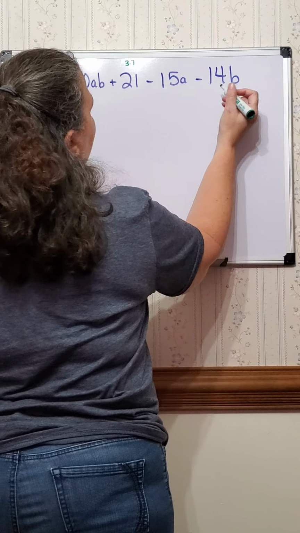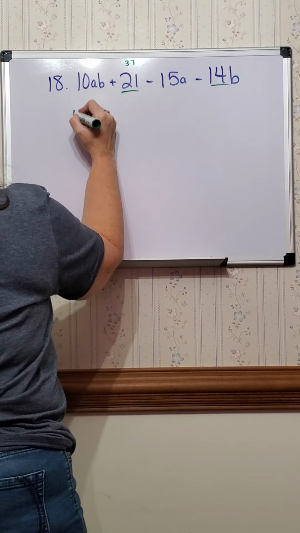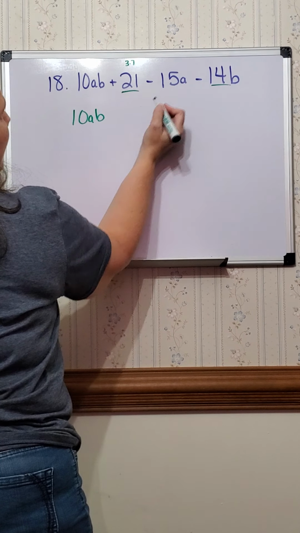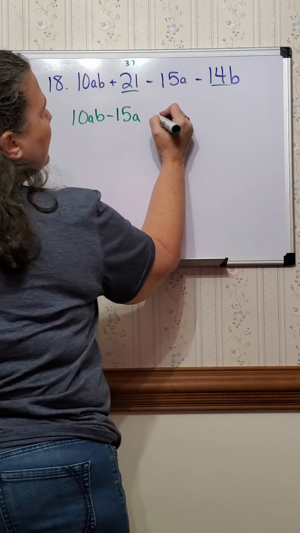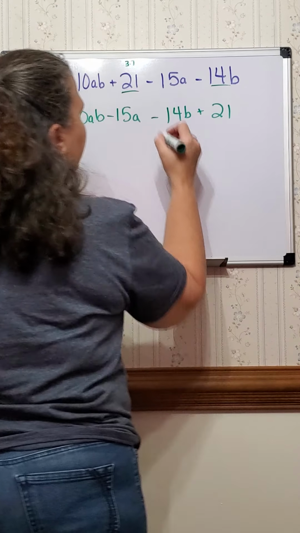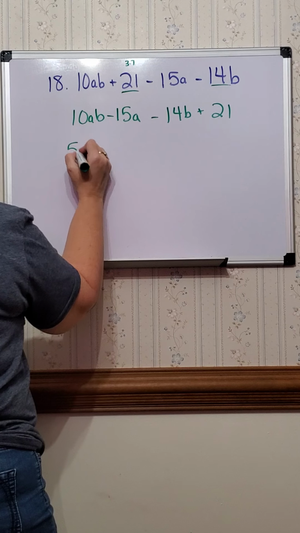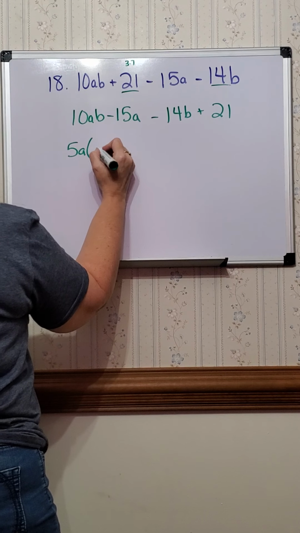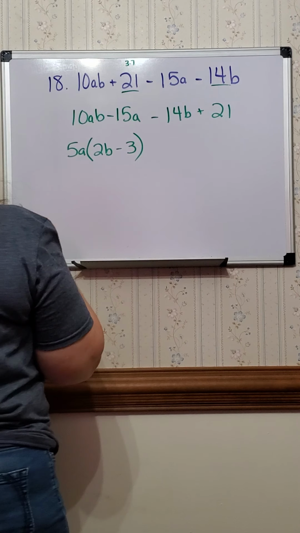So I'm going to put this with this, and I'm going to rewrite these. I'm going to do my 10ab, then bring this negative 15a to match with that. Then I'm going to have my minus 14b plus 21. So now I'm going to split it this way. I'm going to pull out a 5a here, which is going to leave me a 2b minus 3.